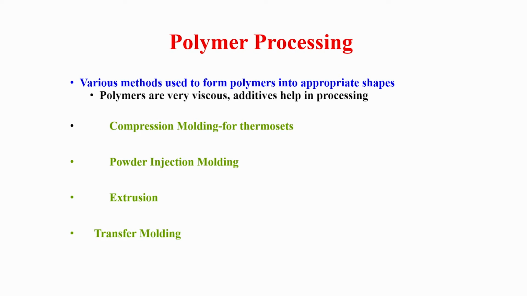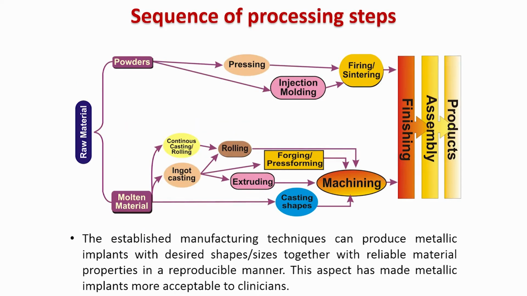These are the different techniques that I have mentioned here. One is compression molding for thermosets, powder injection molding, extrusion and transfer molding. What I can do in the next few minutes is go through some of the individual techniques to show how different processing techniques are applied here.